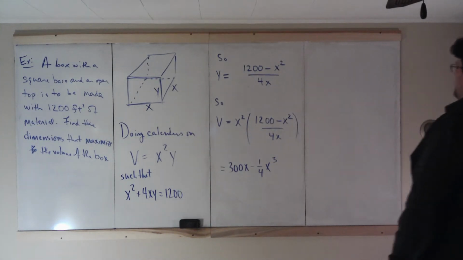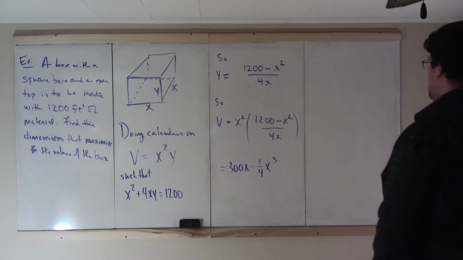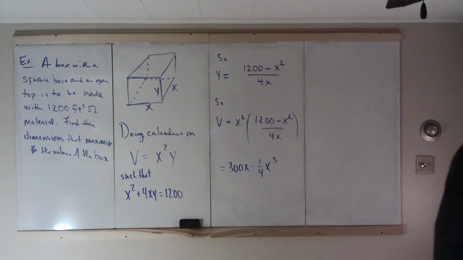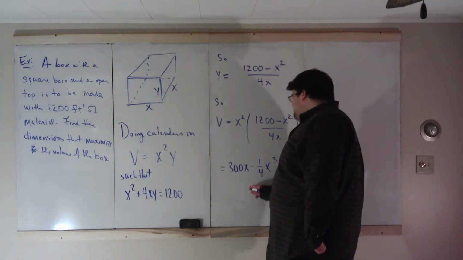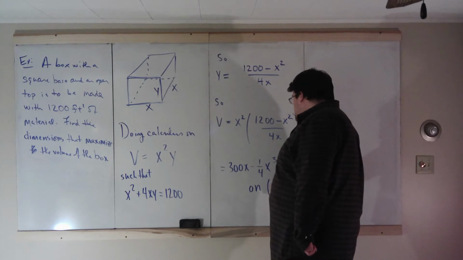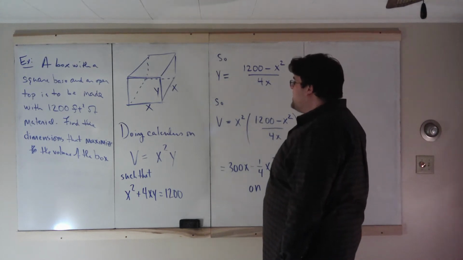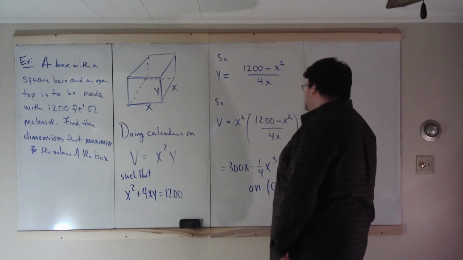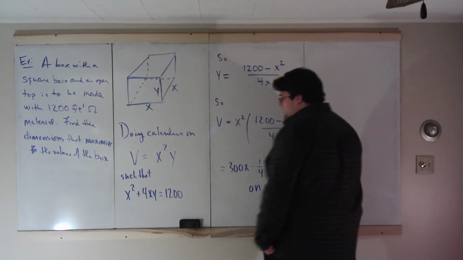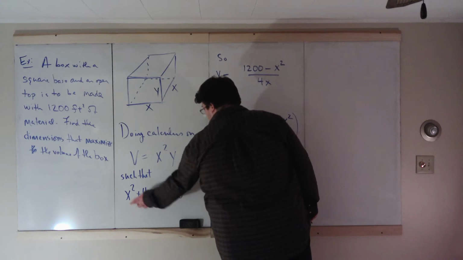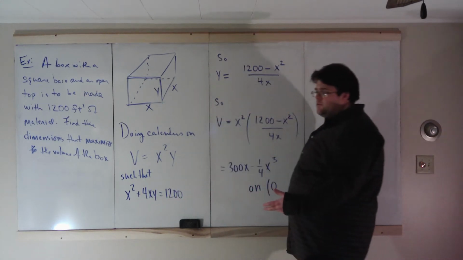Now, in the first two, we were able to find a closed and bounded interval, which defined our x values. Here, that's not necessarily the case. The x values here, x can't be 0. You know, that wouldn't make sense here. You know, if x equaled 0, you'd get 0 equals 1,200.